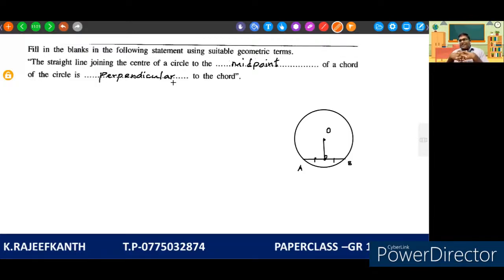So we know that the straight line joining the center of a circle to the midpoint of the chord of the circle is perpendicular to the chord. So this is the theorem. We already discussed the chord of a circle. Right, next one.